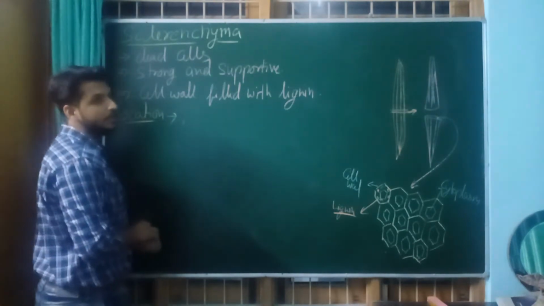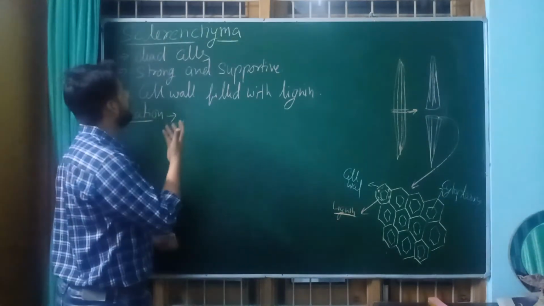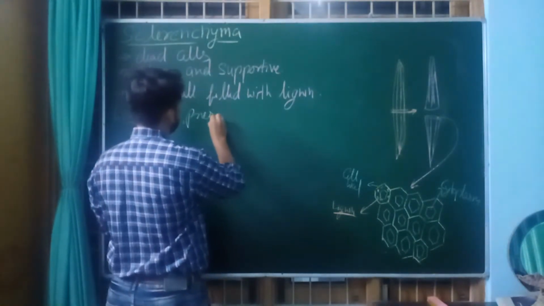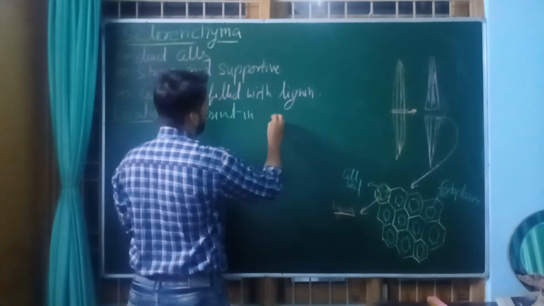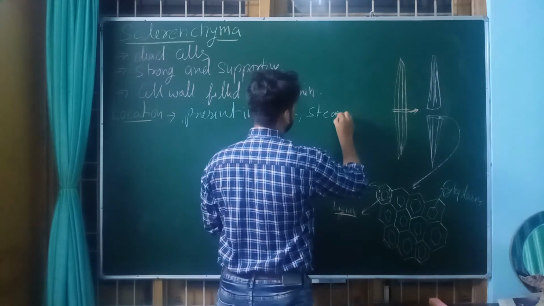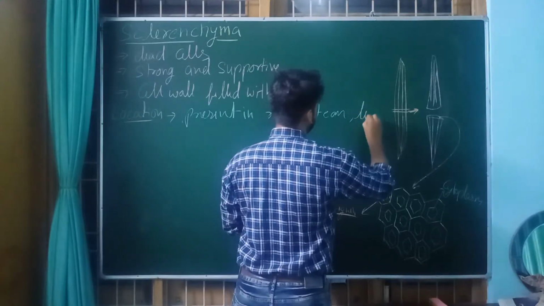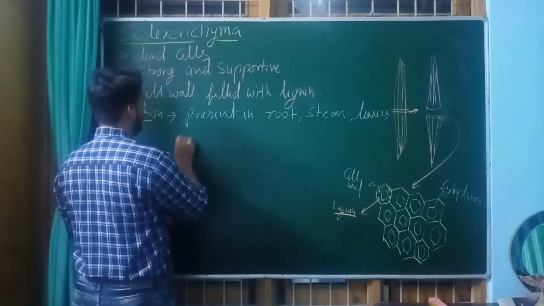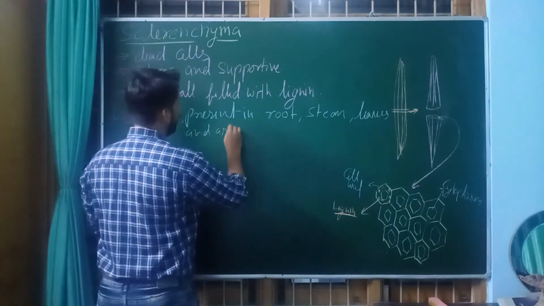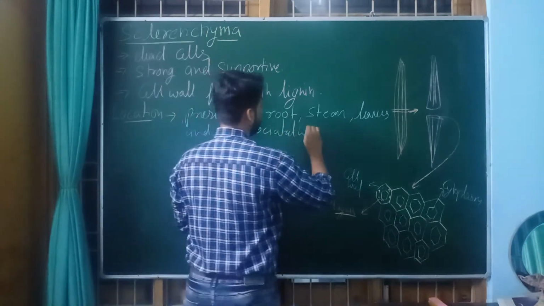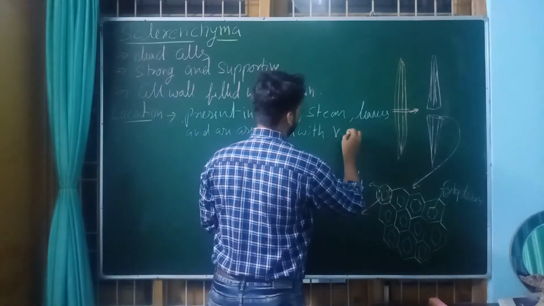These tissues, meaning sclerenchyma, are present in root, stem, leaf, and are associated with vascular bundles.